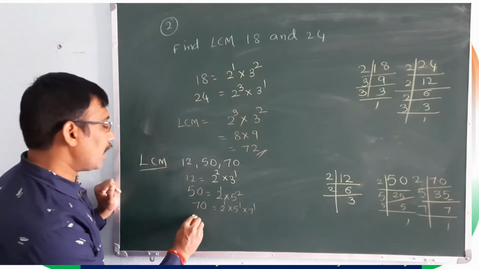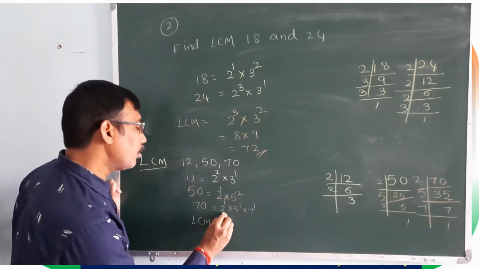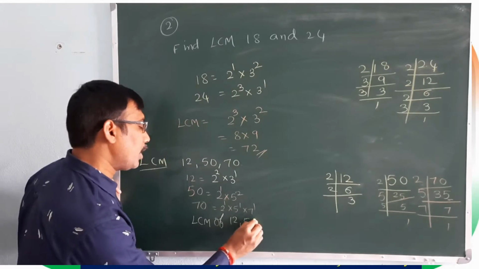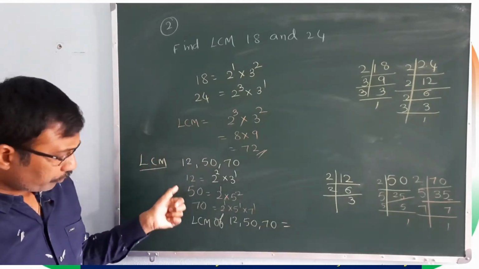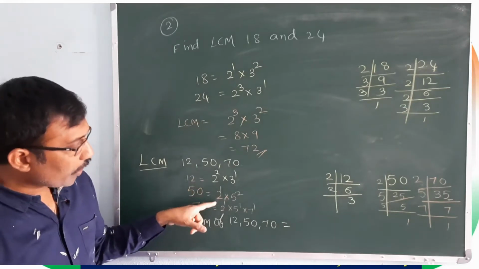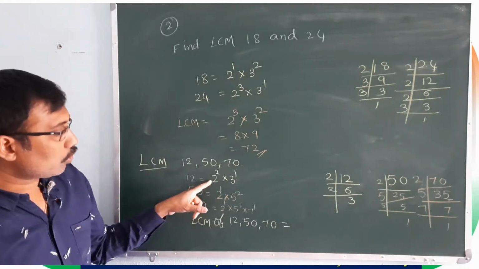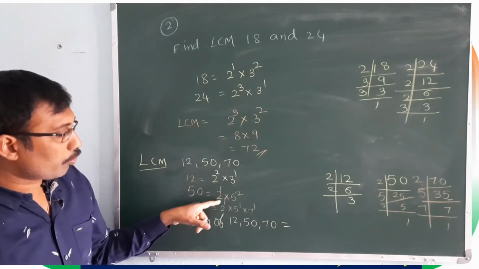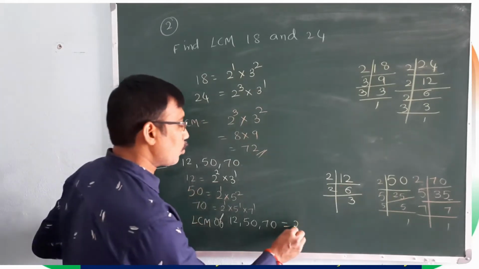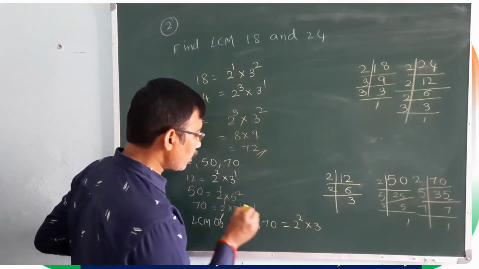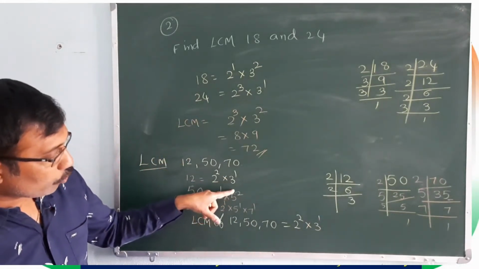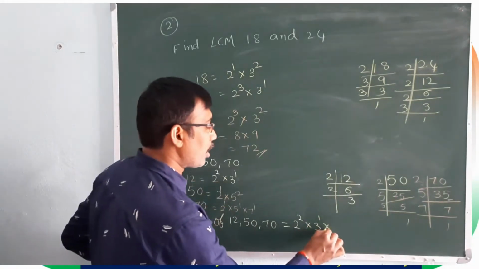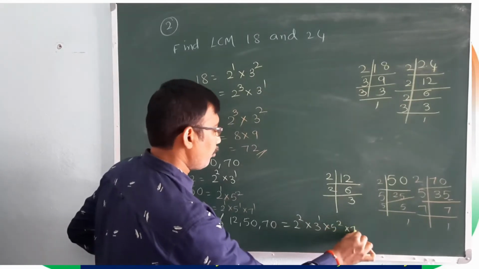So next one, LCM of 12, 50, 70 is equal to each factor's highest power. So 2 power of 2, 2 power of 1, 2 power of 1. So highest power is 2 power of 2. Next, 3 power of 1 is only one time here. Next 5 power of 2, 5 power of 1. So 5 power of 2 and 7 power of 1.